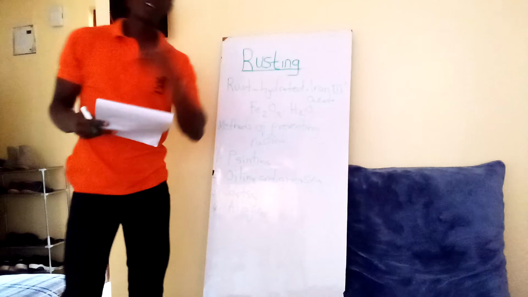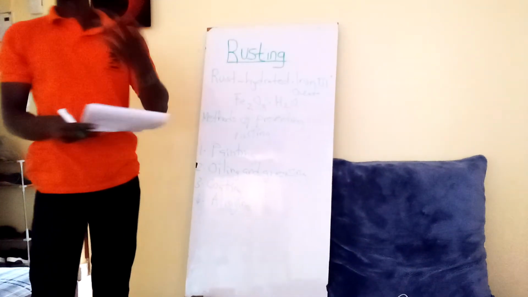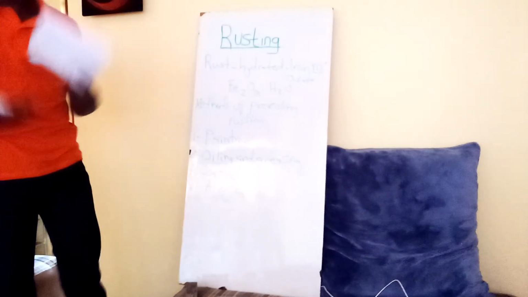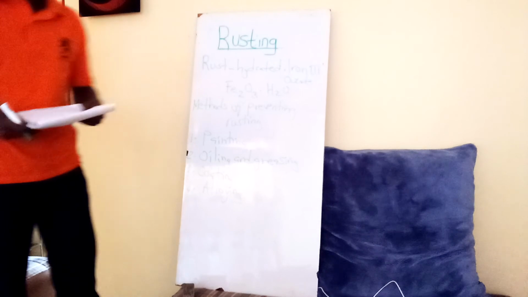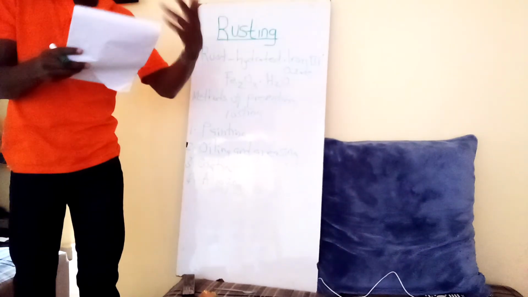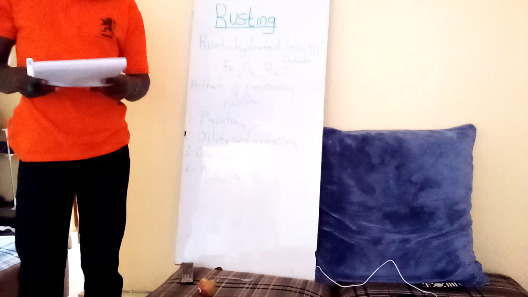You can be tested in terms of memory to list the conditions which accelerate rusting or conditions which prevent rusting. You can be tested in terms of explanation. You can be asked, cars in Mombasa rust faster than cars in Kisumu. Explain.